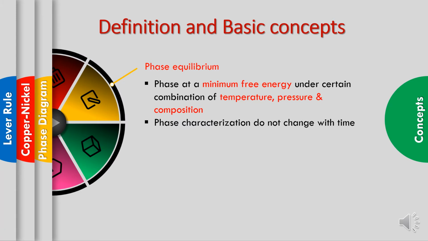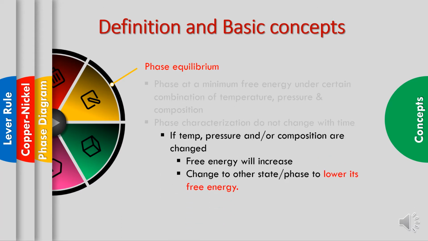Phase characteristics do not change with time. If temperature, pressure, or composition are changed, the free energy will increase, and the system will change to another state, a phase with lower free energy.